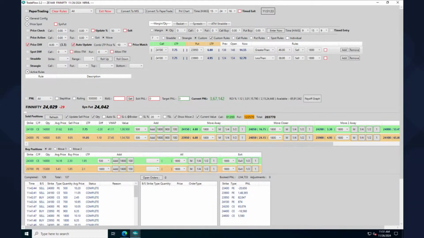And one more thing that I tend to do, I think this is also a good way. Let me show something which is again interesting. So here I can put a condition. This is basically 24,100 CE and then 24,000 PE. And then I'll put a condition saying that if the combined premium is greater than 2, I would actually sell something. I'll sell a very small quantity. This actually gives you the trigger.